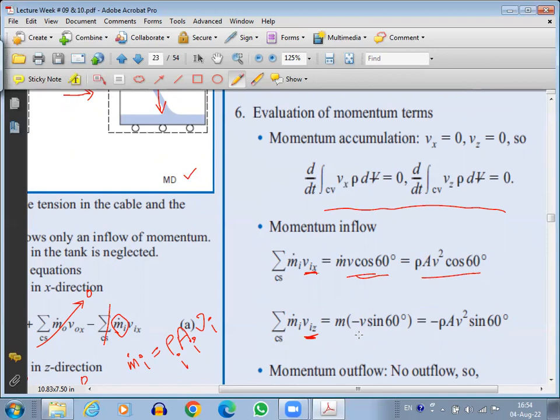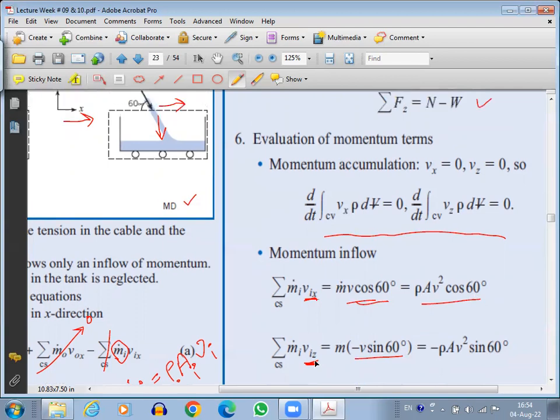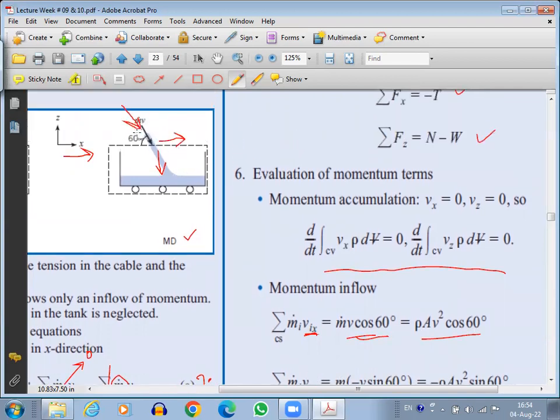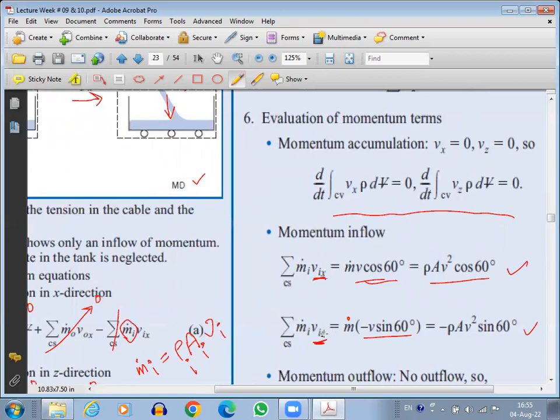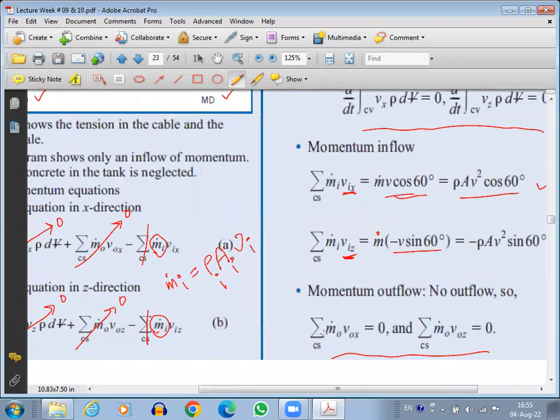For the z direction, it's m dot times negative v sine 60. Why negative sign? Because the z component of this velocity is in the negative z direction. So m dot equals rho A v, and it becomes negative rho A v squared sine 60. So this becomes this term and this term. Are these terms clear or not? Okay, so momentum inflow is also clear.